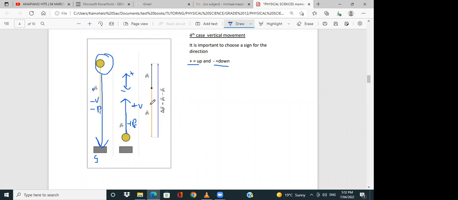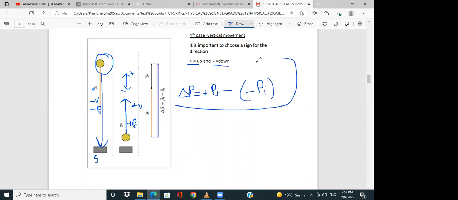Now, what's going to be our change in momentum in this instance? We have a positive final momentum minus a negative initial momentum. This is what's happening using our formula, guys.